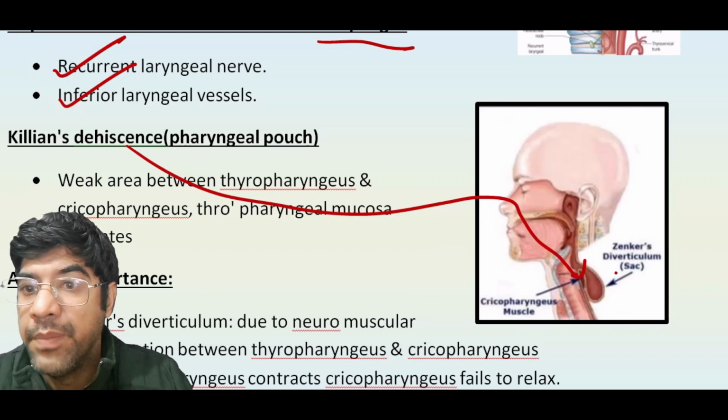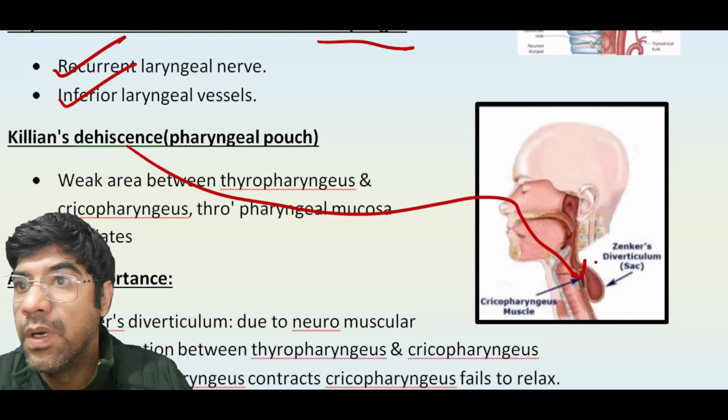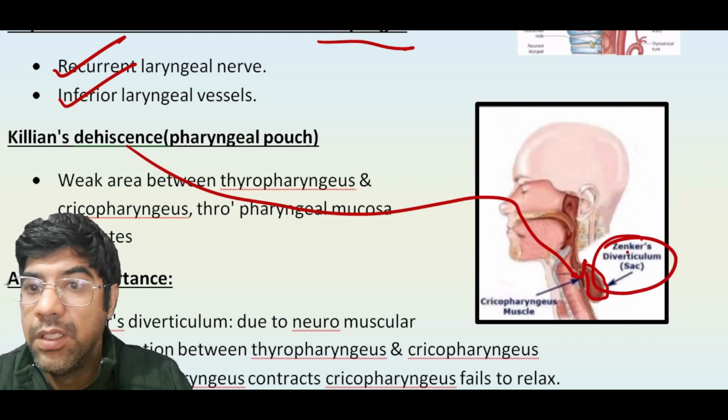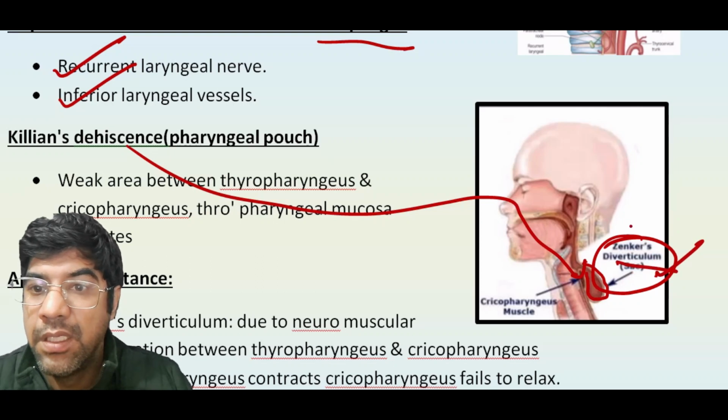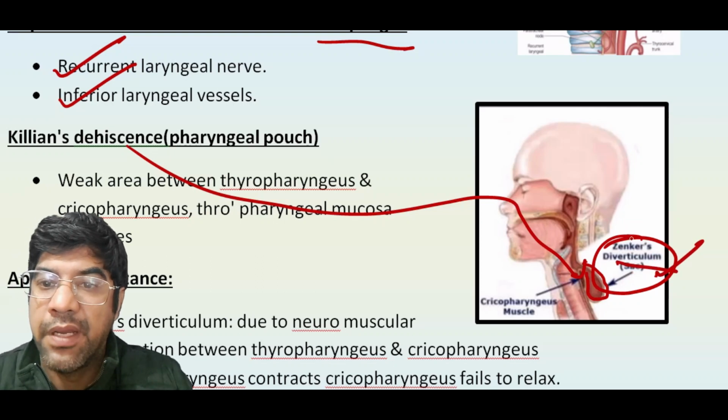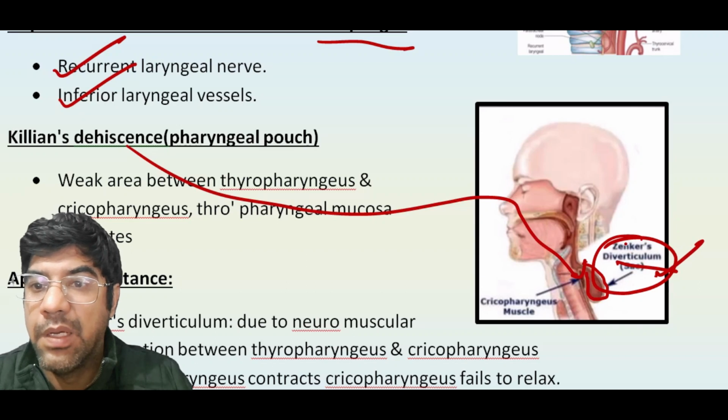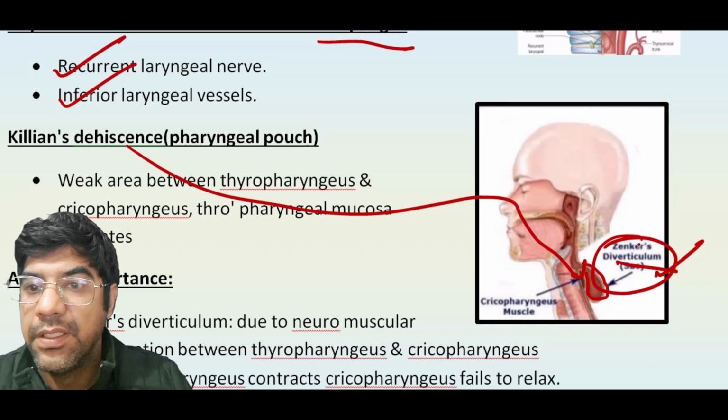Because of it, a pouch-like diverticulum can arise. This is the Zenker diverticulum, or the sac. This diverticulum is formed by the outpouching of the weaker area.